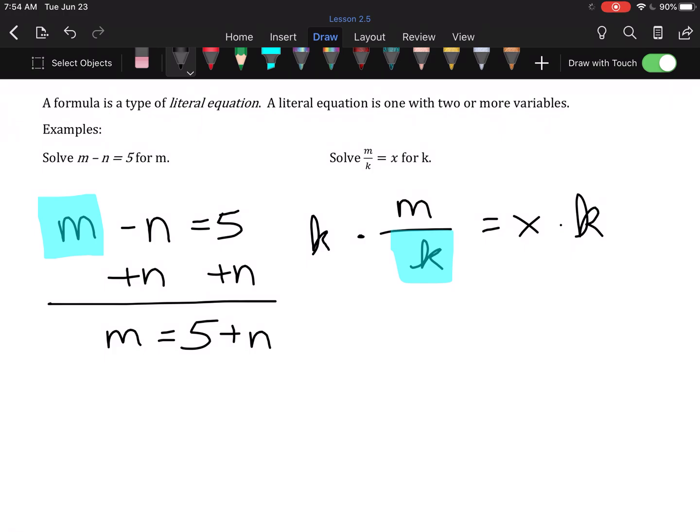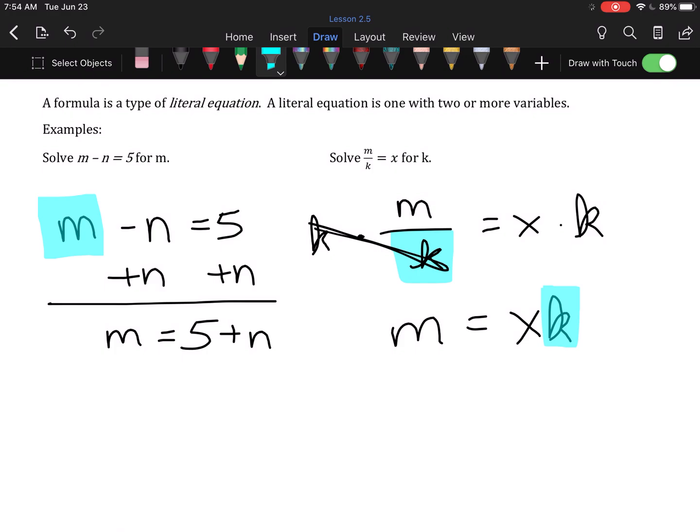Here we're going to multiply both sides by k to get rid of the fraction. Okay, that gets m by itself, which is not what we want, but we have to do it in the process of getting k by itself.